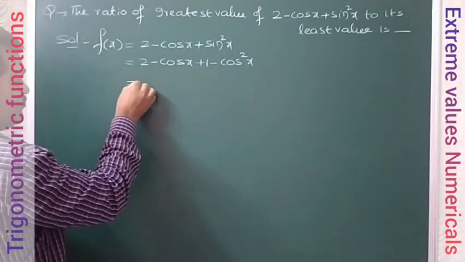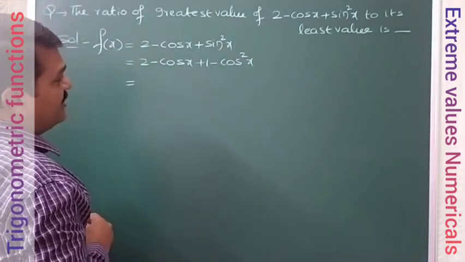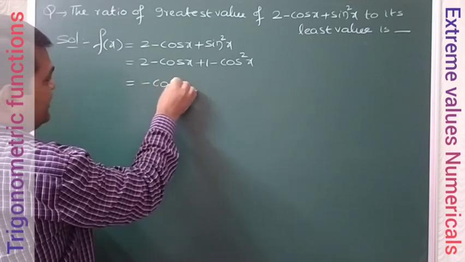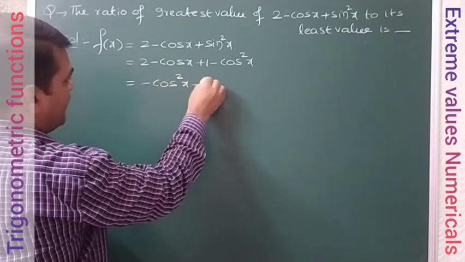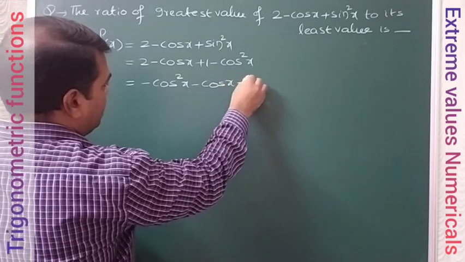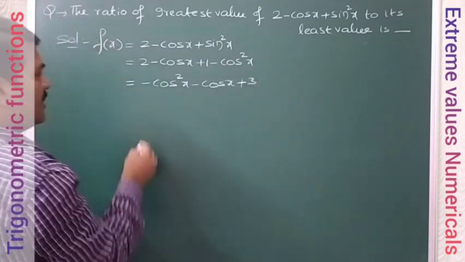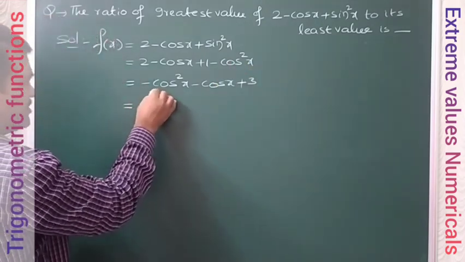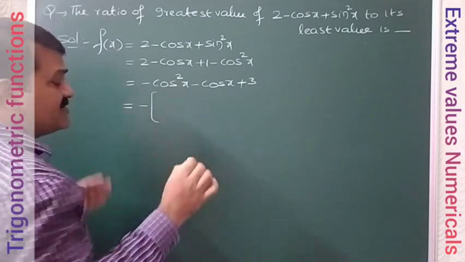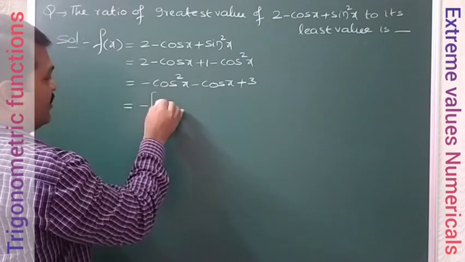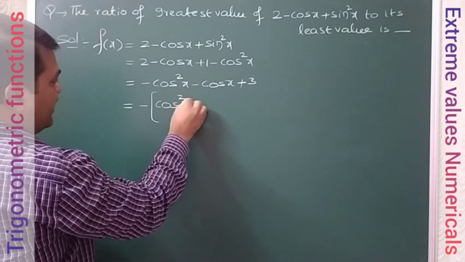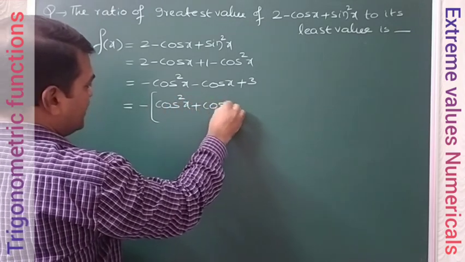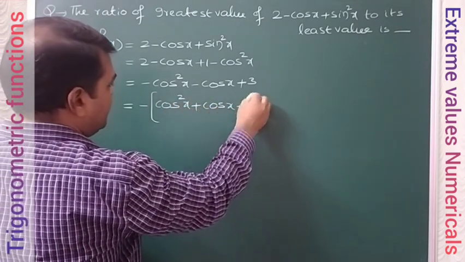Now, on simplification, we will get minus cos square x minus cos x plus 3. Let us take minus common because the quadratic term we will always try to keep positive. So minus of cos square x plus cos x minus 3.